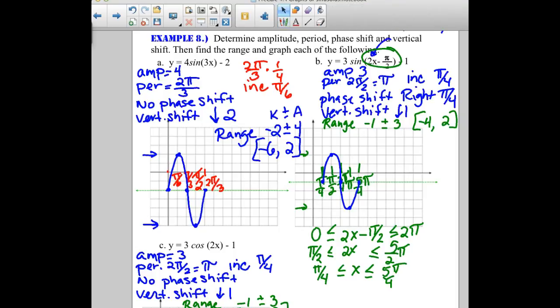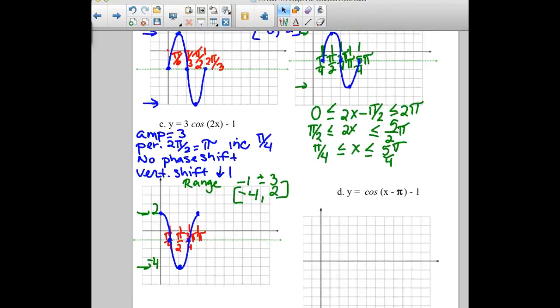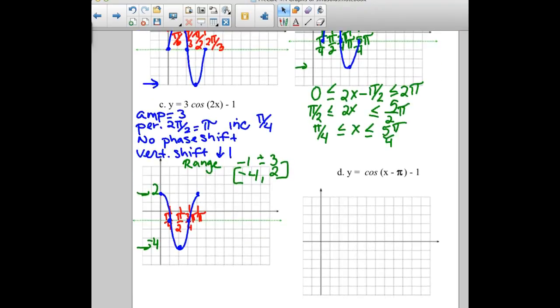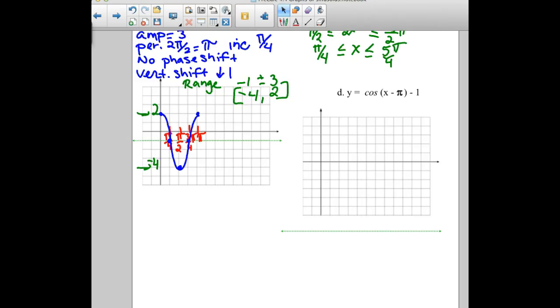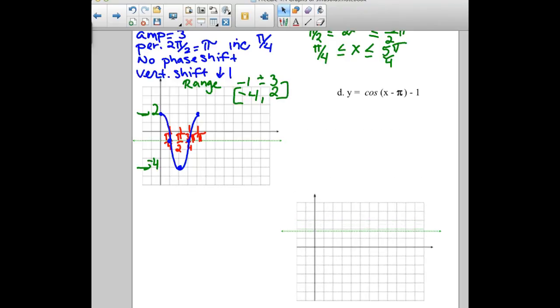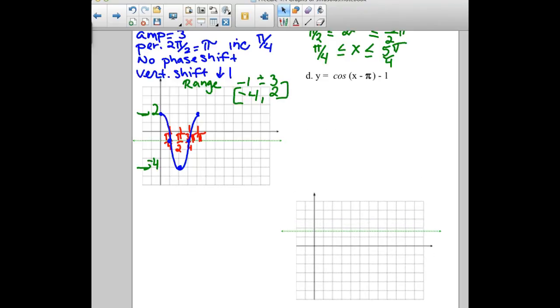Okay, let's try one more that has a phase shift in it. Okay, it is a cosine graph. What's my amplitude on this one? So we haven't really done any kind of vertical stretch or compression, right? This is just a standard graph. How about B? What's my B value?